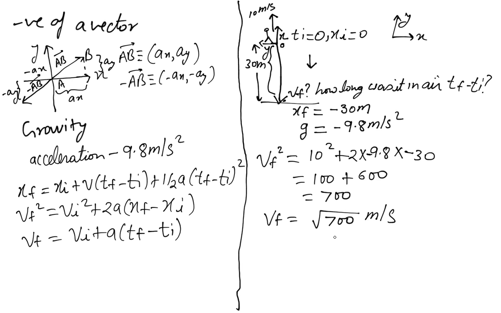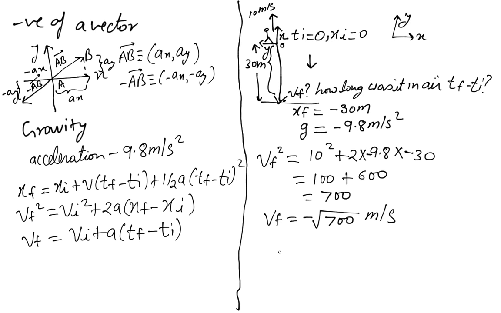Well, is it positive or negative? Should we choose the positive square root or the negative square root? Well, vf is pointed downward, right? When the ball is going to hit the ground, the velocity is pointing downward. So if the velocity is pointing downward and the positive x-axis is pointing upward, we are going to choose the negative sign, right?